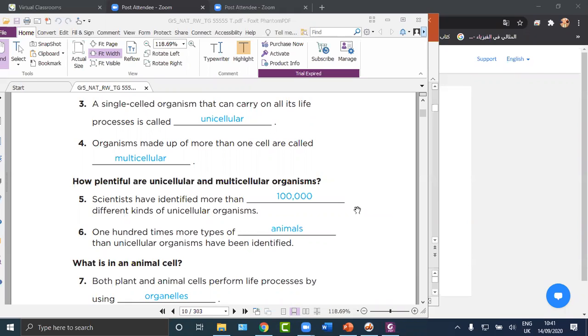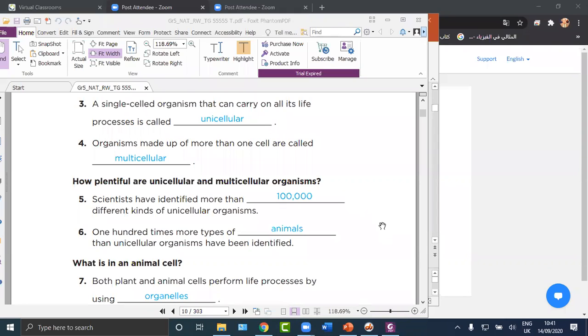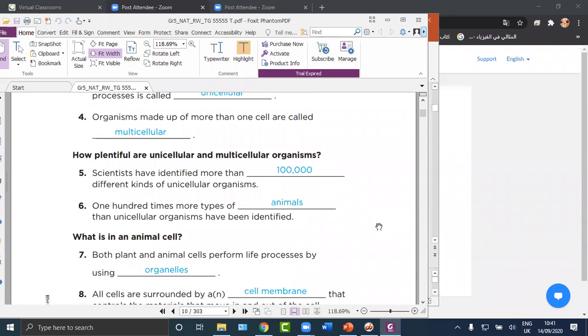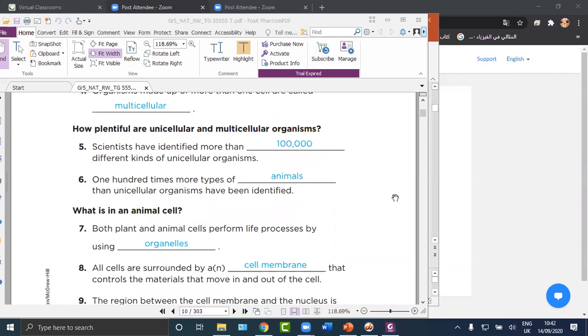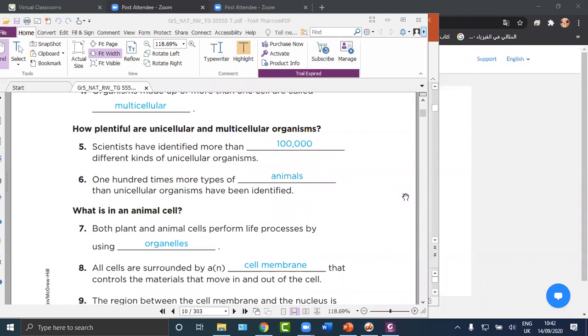Number 9. The cell's control center. I will choose Ahmed Al-Gharabawi. The cell's control center is called the cytoplasm.